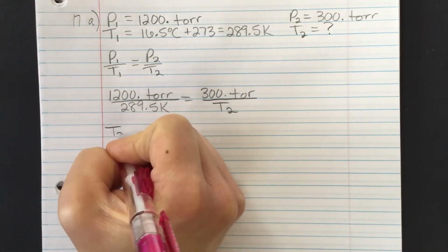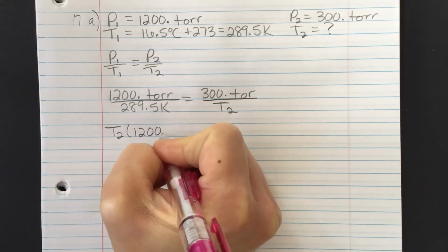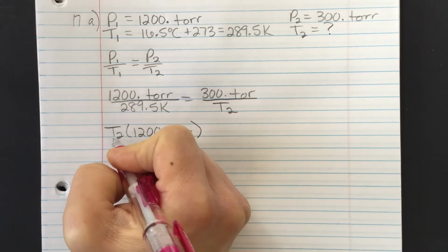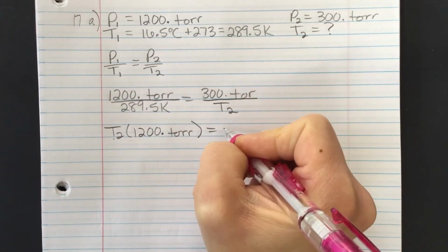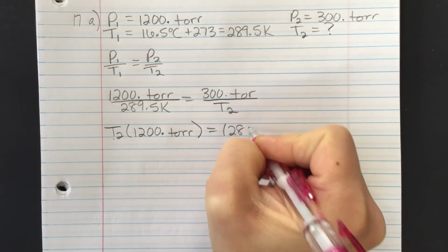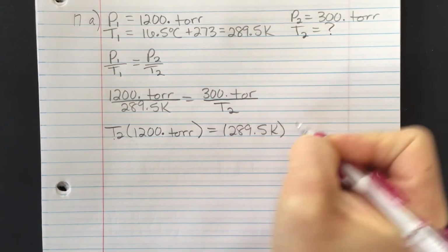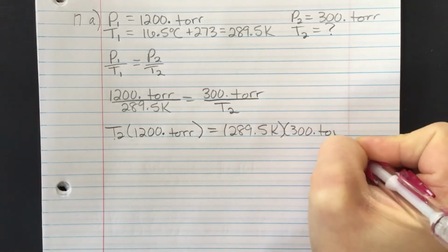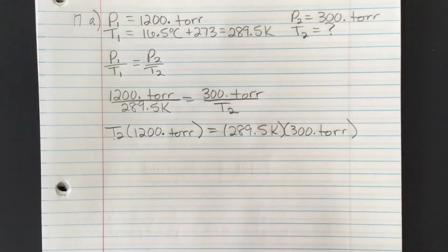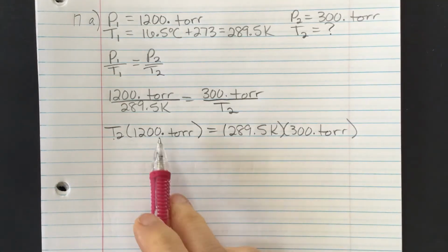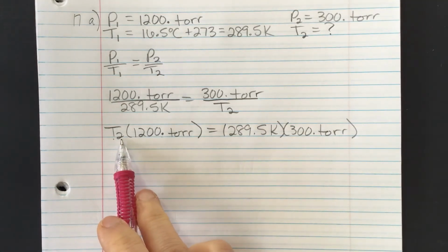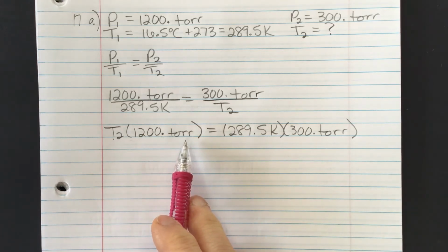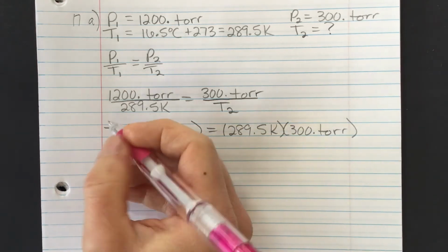So T2 times 1200, don't drop that decimal point, remember, that's important, equals 289.5K times 300 torr. I want to now divide both sides by 1200 torr to get T2 by itself.